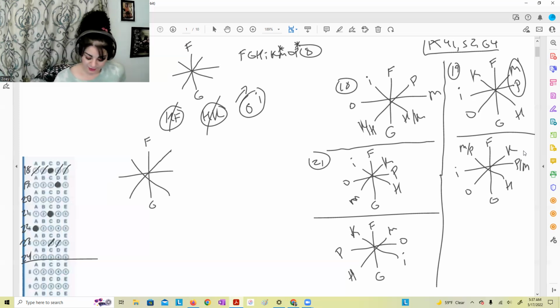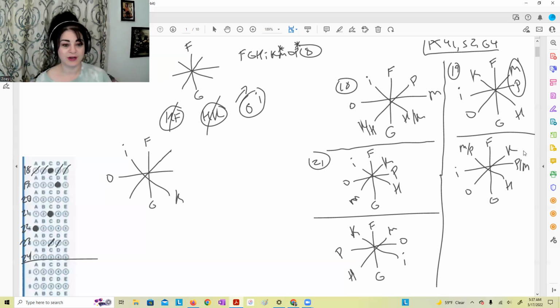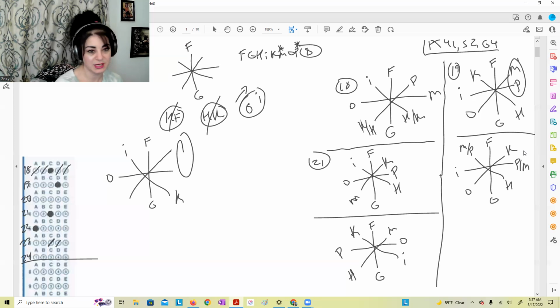Let's try saying K and then I. So in that case, we would put O over here. I'm just going to keep moving around this KI beam, so to speak. We'll put O over there. And this means that where would H go? Well, H can't be over here because H can't be next to either F or K. So H would have to go here.